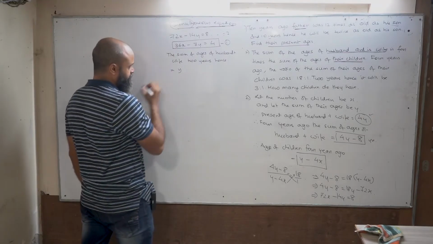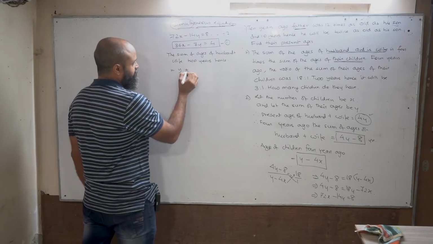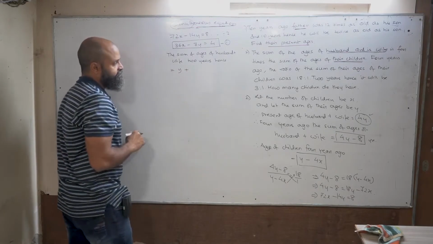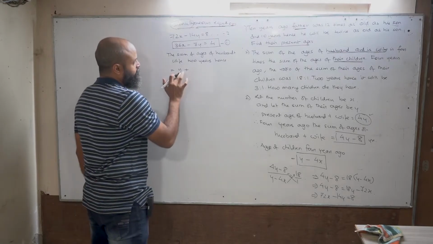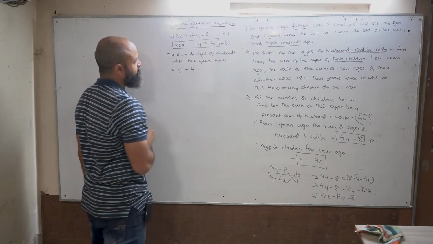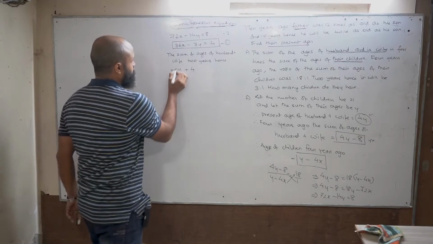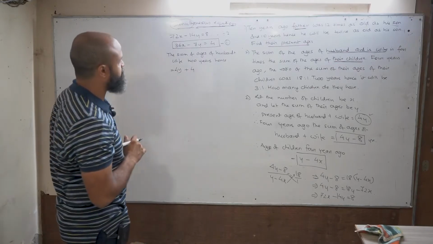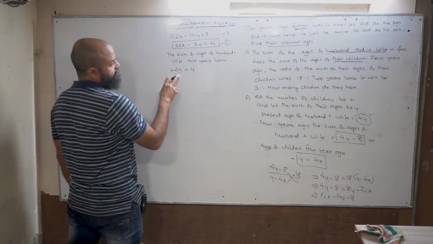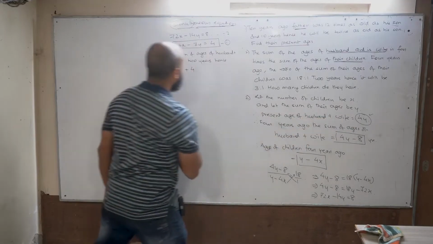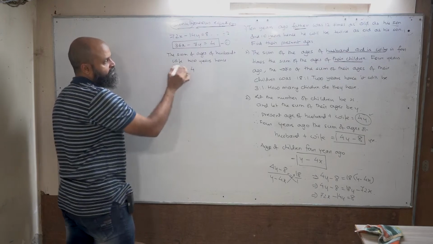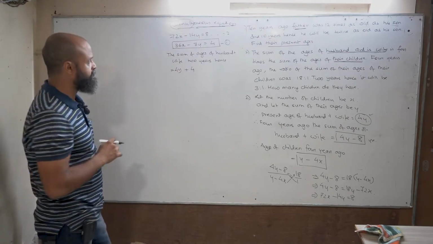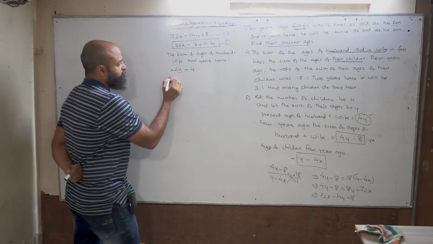So husband and wife, present age is 4y. 2 years hence their ages will be 2 years for husband, 2 years for wife. That's going to take you to, the age is 4y plus 4. 4y is their present age, as we have already mentioned it there. 4y plus 4, the sum of ages of husband and wife 2 years hence will be 4y plus 4.